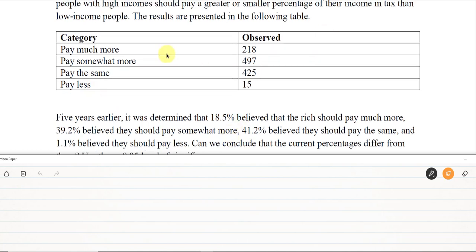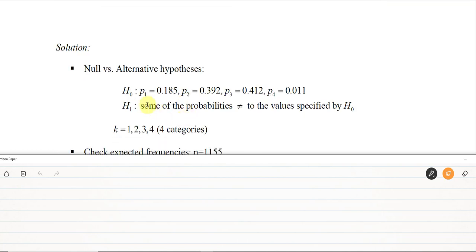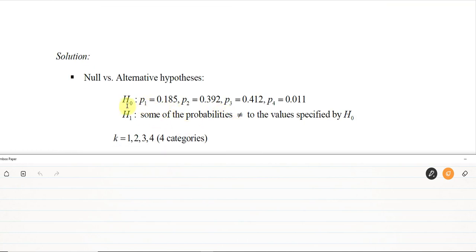That is, some of them are different from what is stated in the null hypothesis. And then k is 1, 2, 3, 4 because we have 4 calories. So here is the null hypothesis and also the alternative hypothesis.